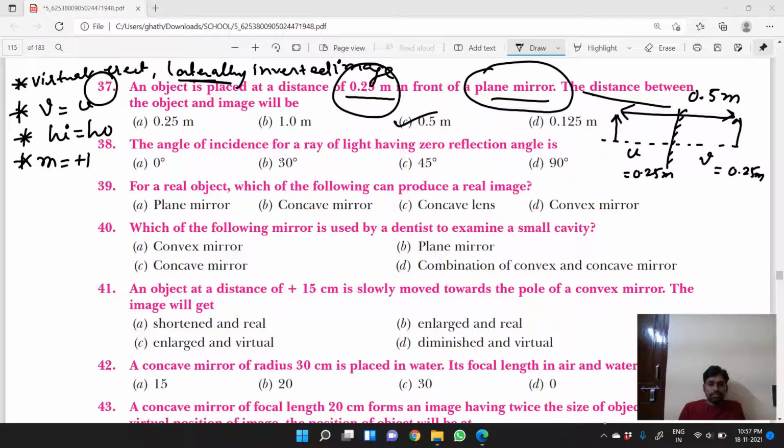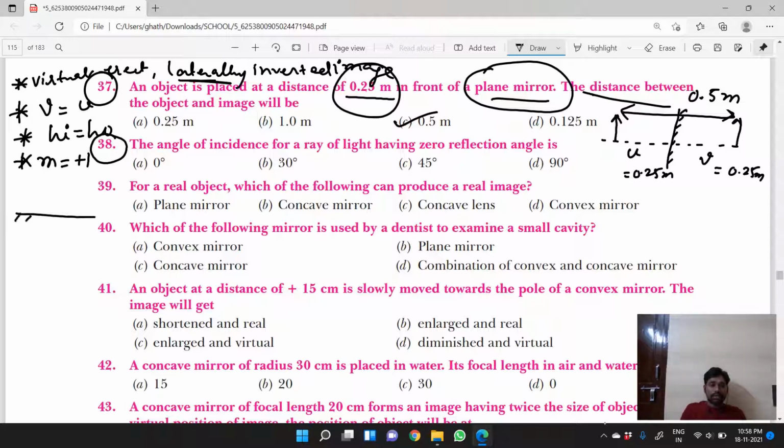Next question, question number 38. The angle of incidence for a ray of light having zero reflection is. This is the case of reflection from a mirror.